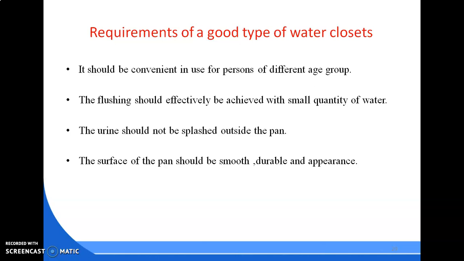The urine should not be splashed outside the pan, and the surface of the pan should be smooth and durable. The appearance should be attractive and such that excreta do not stick to it and flow down easily. Also, the water of the trap should not be splashed when excreta fall into the trap. So these are the basic requirements of a good water closet.